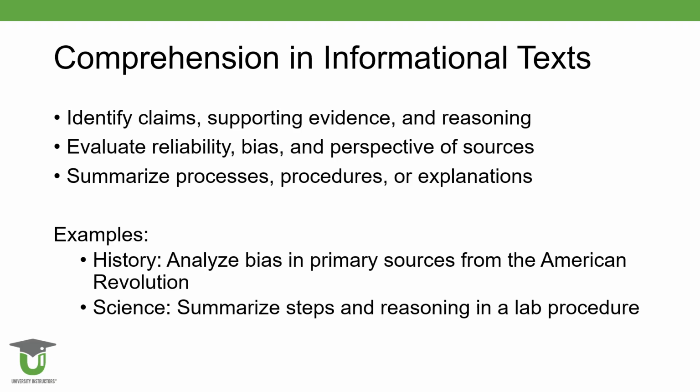Additionally, teach students to summarize processes, procedures, or explanations to ensure that they grasp the sequence and purpose of information. For example, in history, students might analyze bias in primary sources from the American Revolution, while in science, they could summarize the steps and reasoning behind the lab procedure. These strategies help students think critically and engage deeply with content area texts.